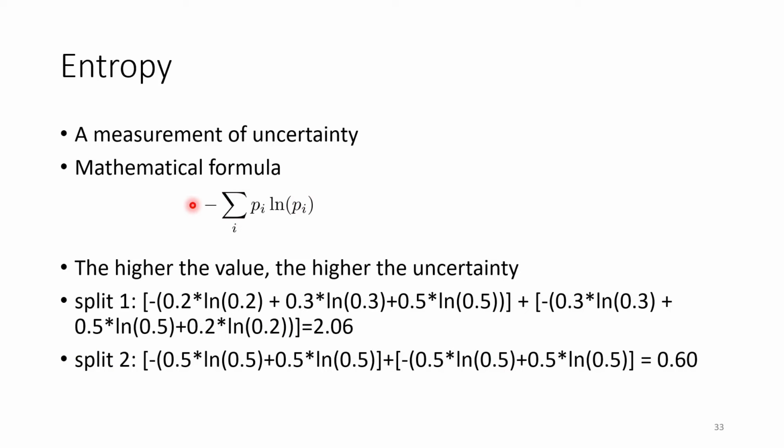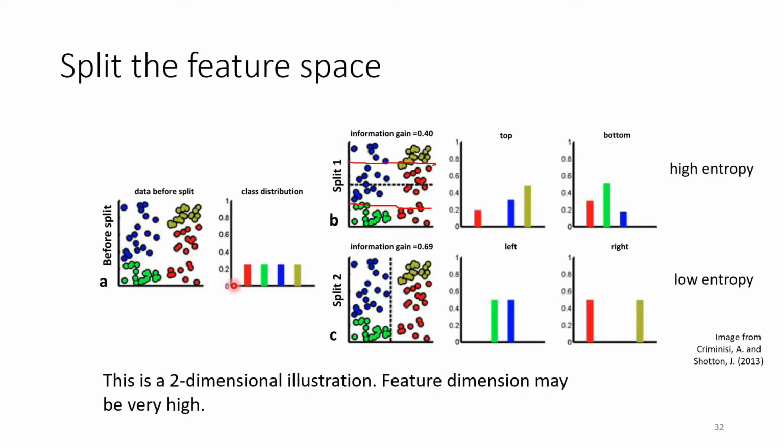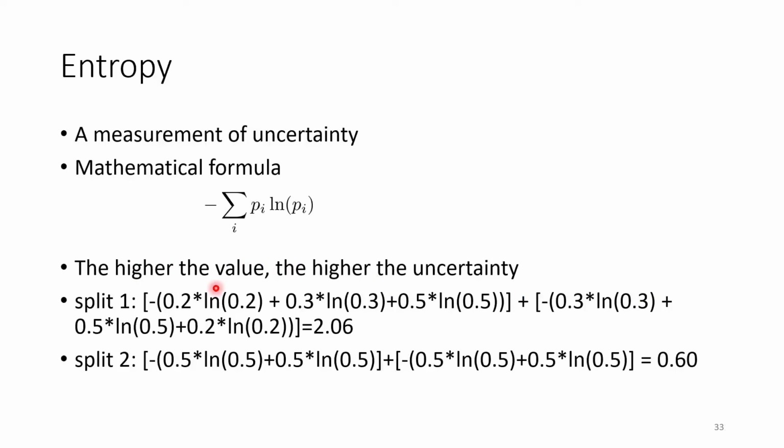Okay, so let's calculate the entropy of the split. According to the definition, let's see split 1. For split 1, the top part has probabilities 0.2, 0.3, and 0.5. So the entropy will be negative 0.2 times log 0.2, minus 0.3 times log 0.3, and so on.